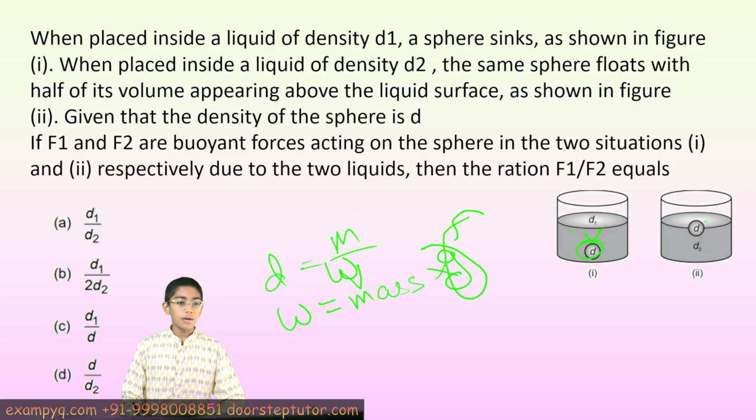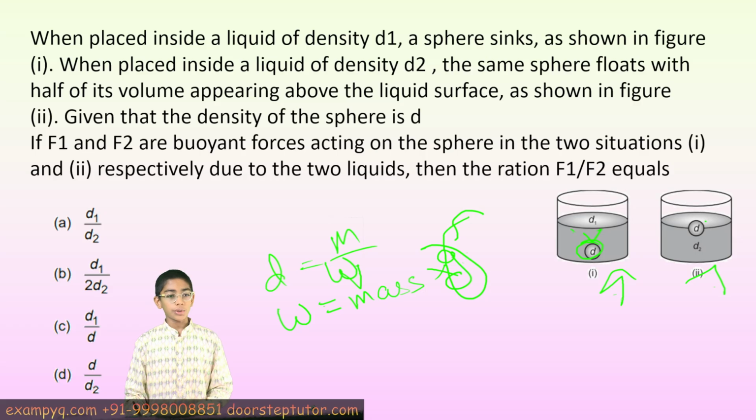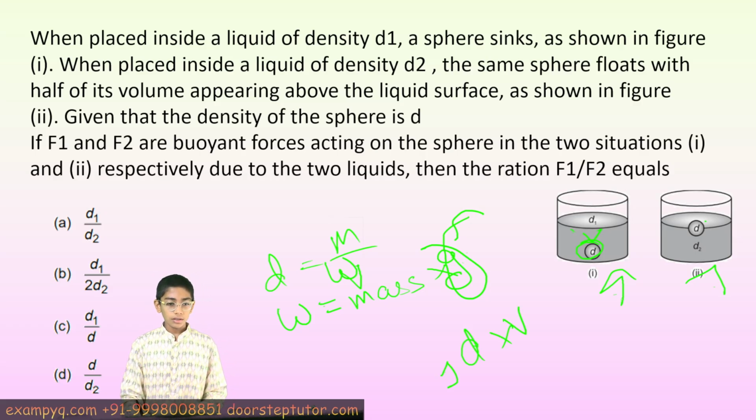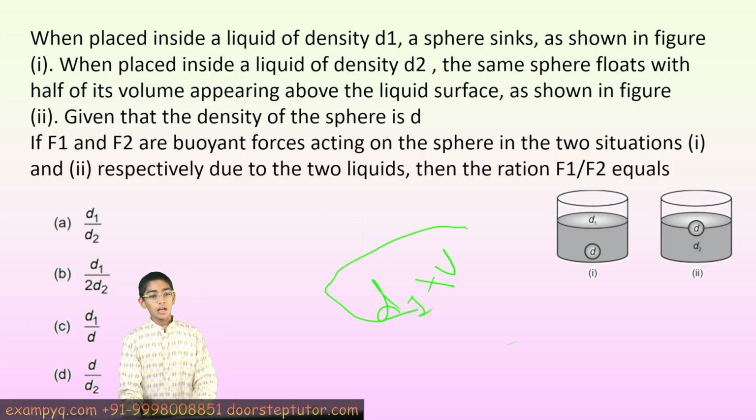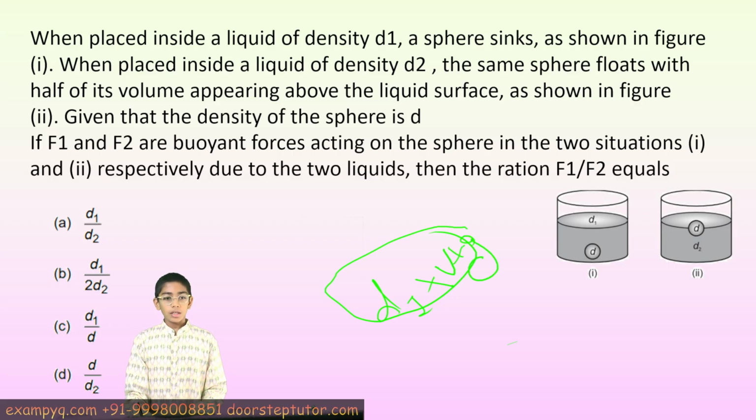So in the first case, the upthrust provided by the liquid: the mass of the liquid is equal to density into volume, or d1 into V, multiplied by g is the buoyant force acting upwards on the sphere.